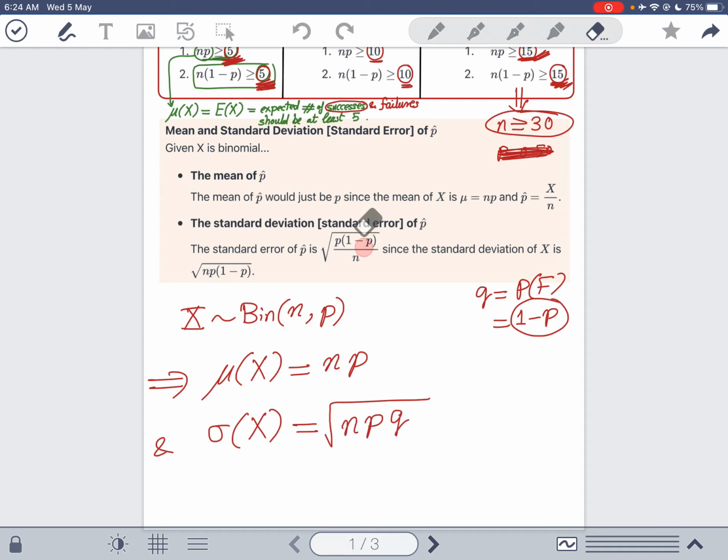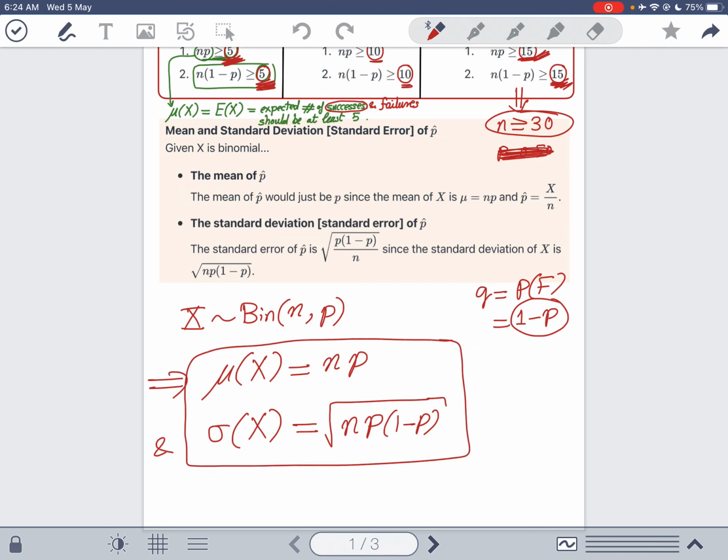But instead of q, I like to write it as 1 minus p in order to see fewer variables in your formula. These we studied when we were looking at discrete random variables, and the most basic and most important example of a discrete random variable is the binomial. So these are things that you should know by heart, okay?